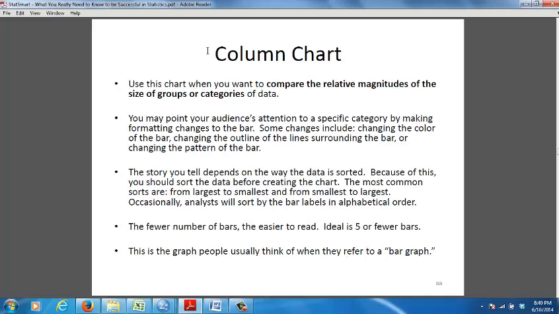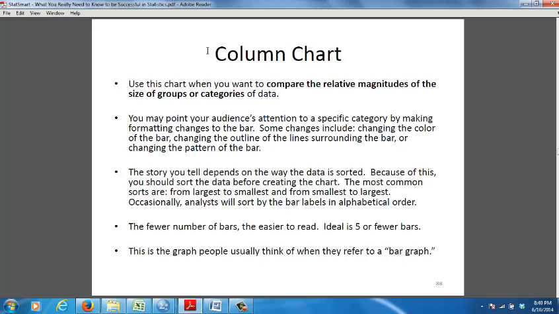Now, it's ideal to have as few bars as possible, because once you get a whole bunch of bars, it's really hard to distinguish between them all. If you imagine doing a bar for every state in the union, you'd have 50 bars on one little 8.5 by 11 sheet of paper, and you really couldn't distinguish the difference between number 23 and number 36 because the bars are so close together.